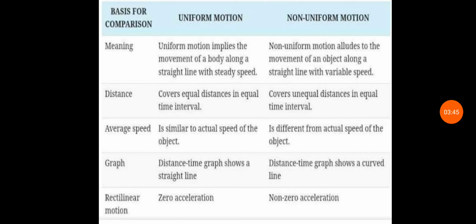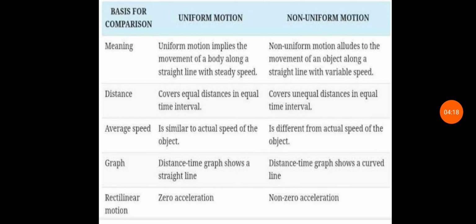Uniform motion implies the movement of a body along a straight line with steady speed, while non-uniform motion alludes to the movement of an object along a straight line with variable speed. When we talk about distance, uniform motion covers equal distance in equal intervals of time, while non-uniform motion covers unequal distance in equal intervals of time.